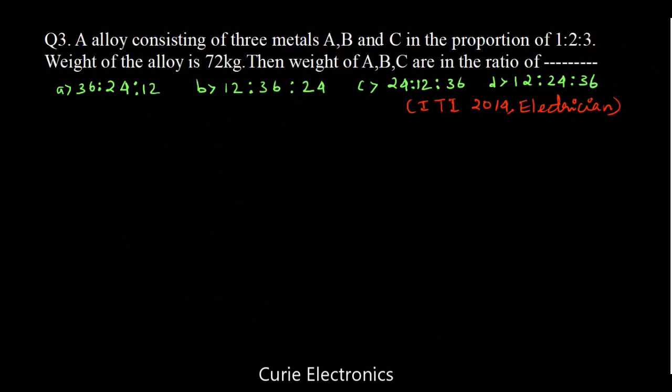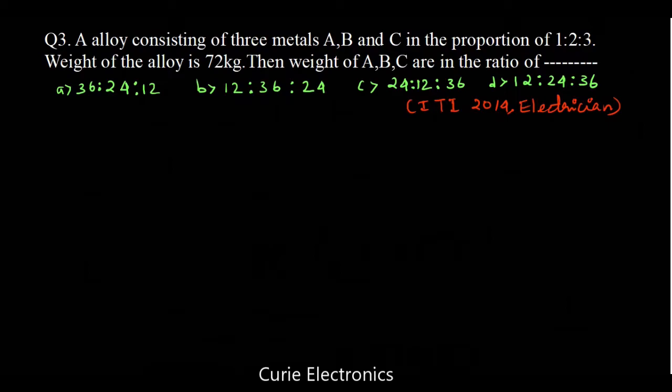Next question. An alloy consisting of 3 metals A, B and C in the proportion of 1 is to 2 is to 3. Weight of the alloy is 72 kg. This alloy means the alloy is made up of different metals. Then the weights of A, B, C are in the ratio of.